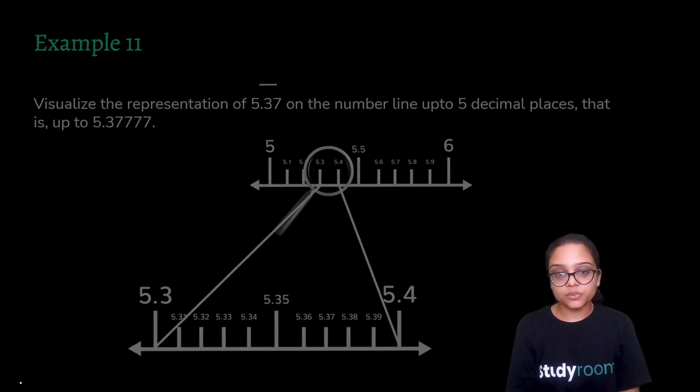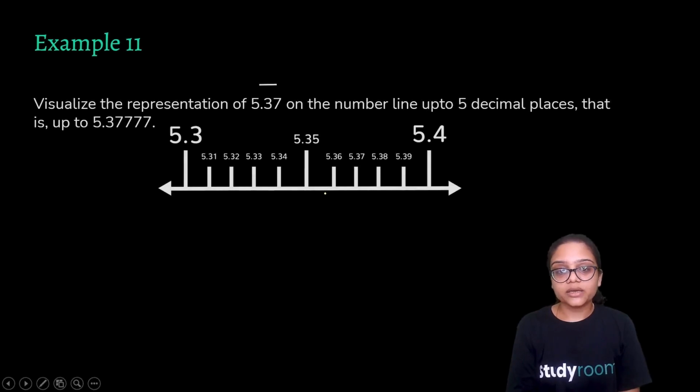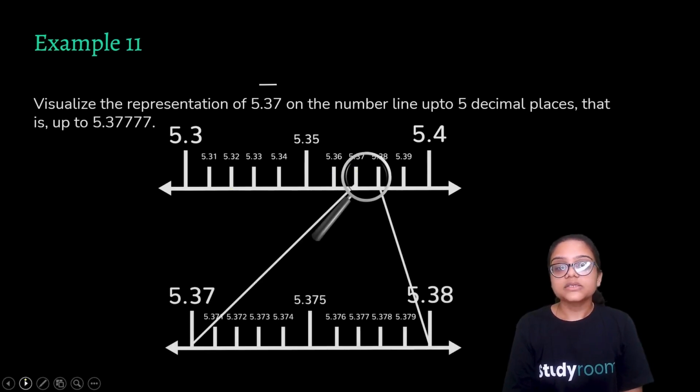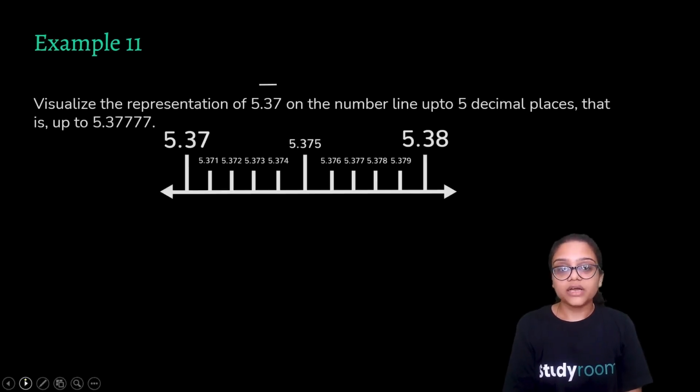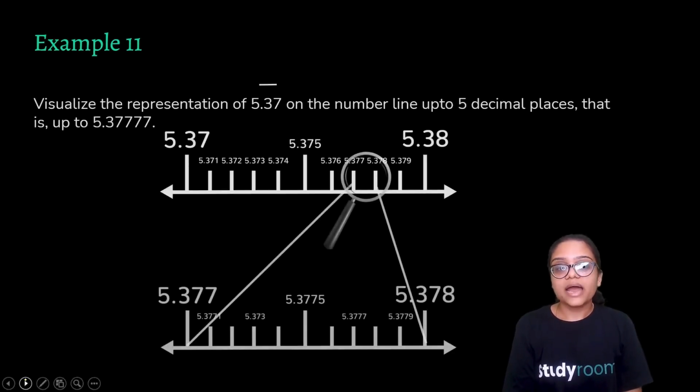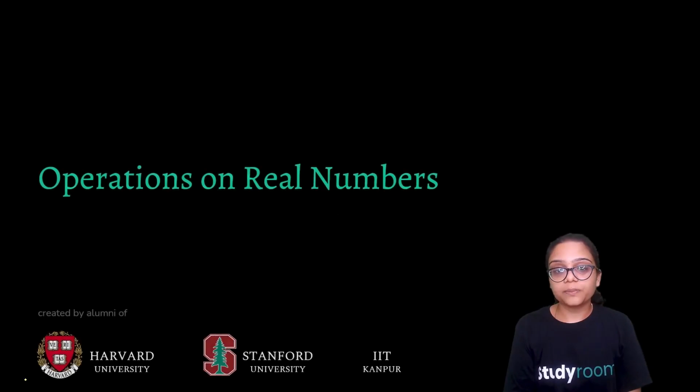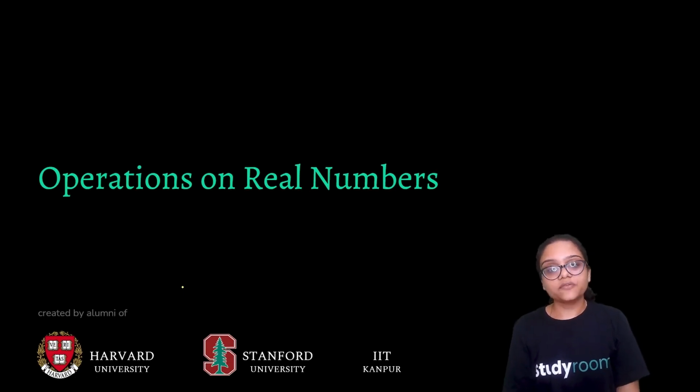So we again zoom in. This 5.3 to 5.4 is again divided into 10 parts. Now 5.37, so 37 would lie here, but 5.377 is there. So 5.37 to 5.38 would be under consideration, and we again divide it into smaller parts, and finally we keep on dividing and find 5.37 bar. So this is successive magnification.